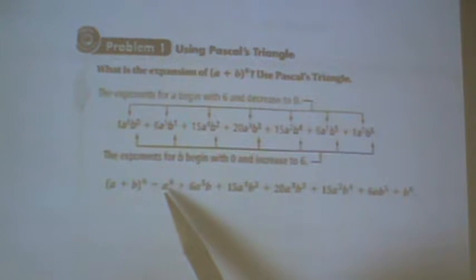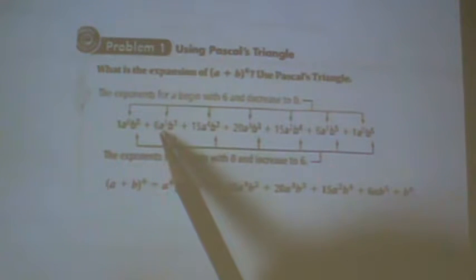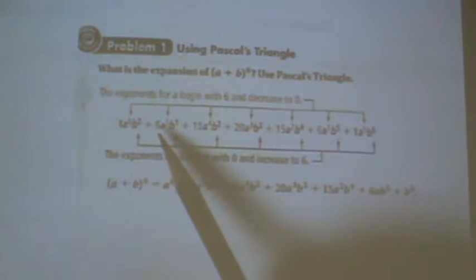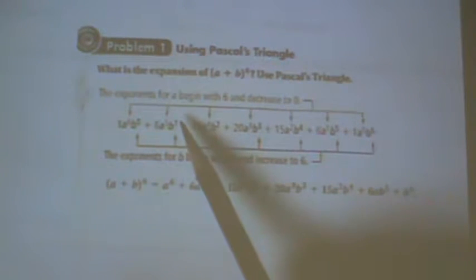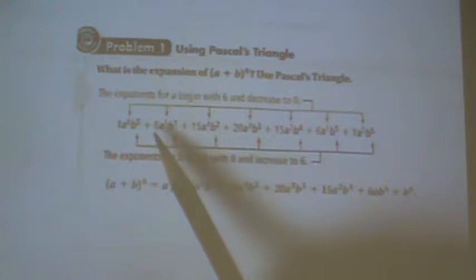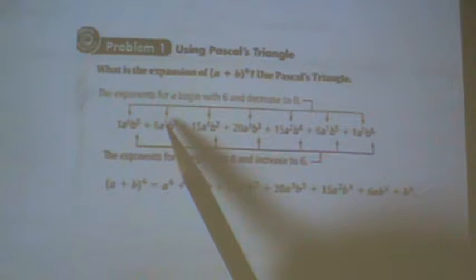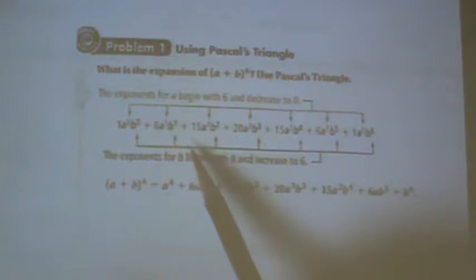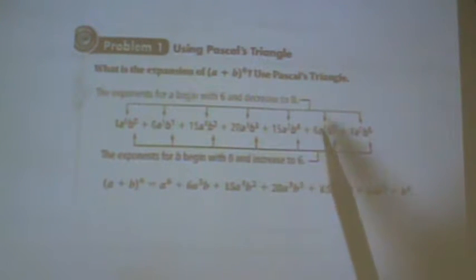So that just gives us our a to the 6th. The next one is already simplified for us. We can't really simplify that any further because we have 6 times a to the 5th, b to the 1st, which is just b. And you're going to simplify each one of these. And this is what it ends up expanding to in simplified form.